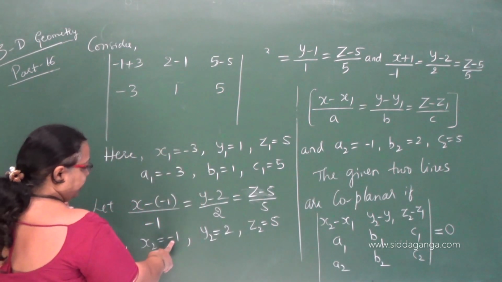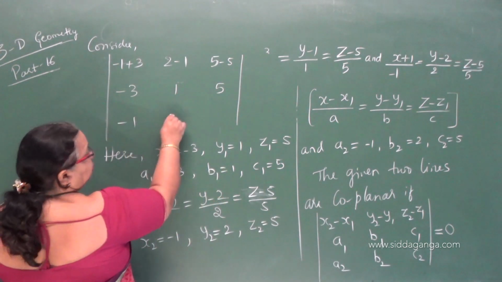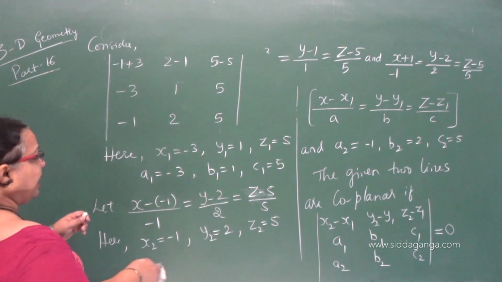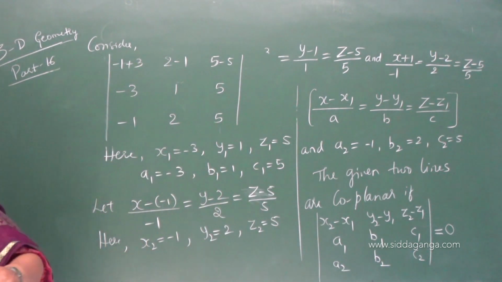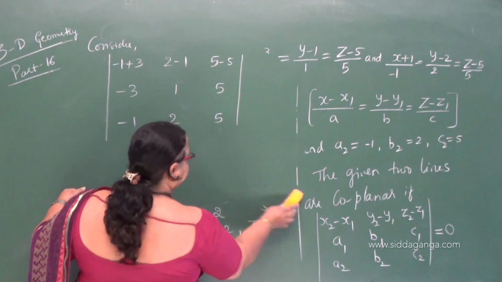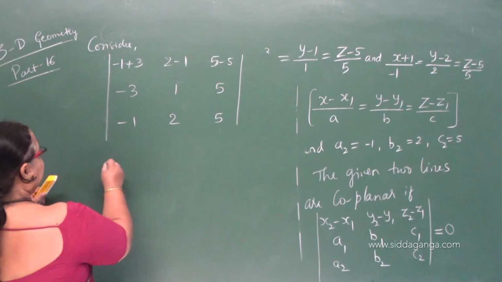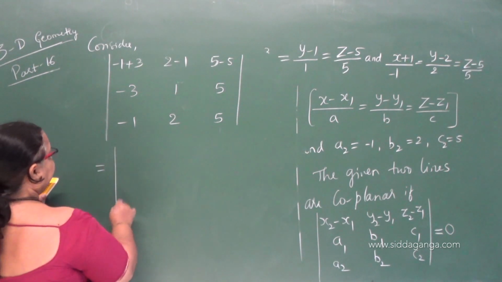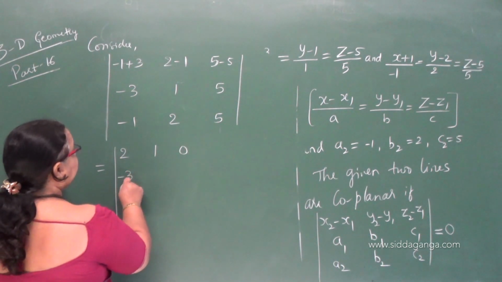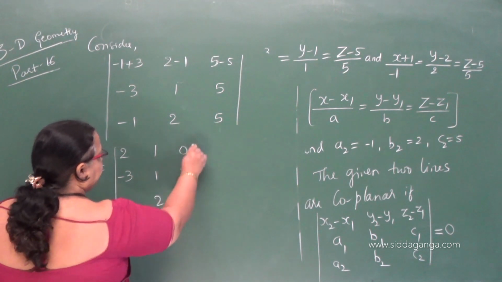Next a2 b2 c2 is minus 1, 2, 5. We have to prove that this answer is equal to 0. That is equal to determinant 2 1 0, minus 3 1 5, minus 1 2 5.